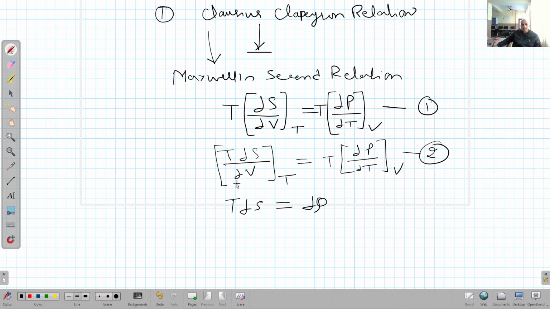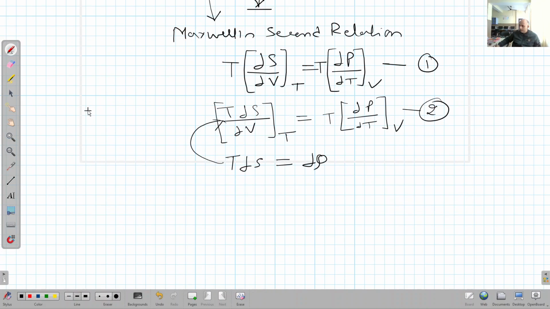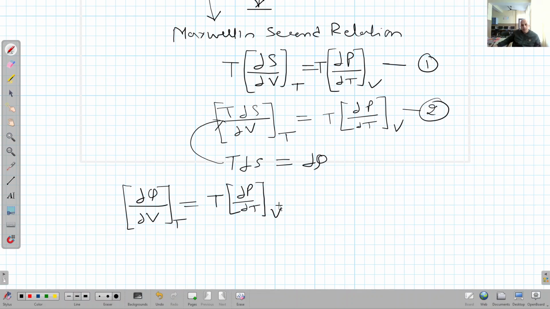In equation number 2, I can substitute here this, right? So when you substitute it, you will get this relation: curly q upon curly V at constant T, that is equal to T into curly P upon curly T at constant V. This is equation number 3, right?